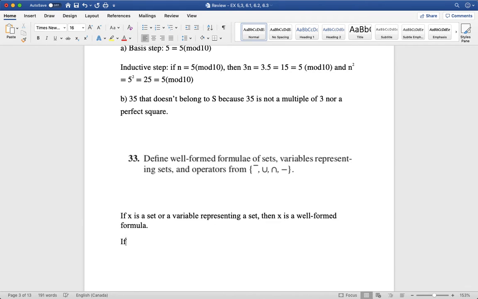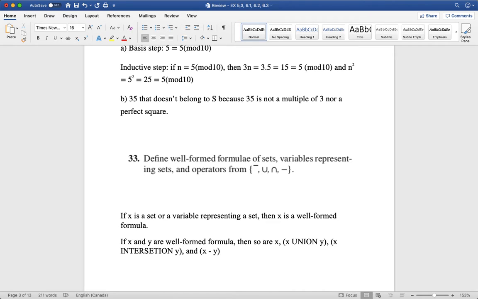If X and Y are well-formed formulas, then so are X union Y, X intersection Y, and X minus Y. So if X is a set or a variable representing a set, then X is a well-formed formula.